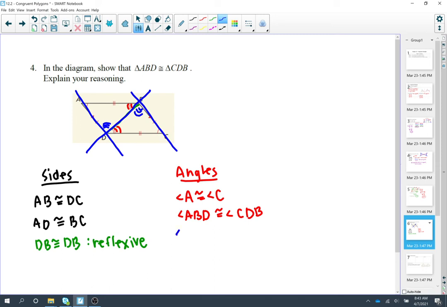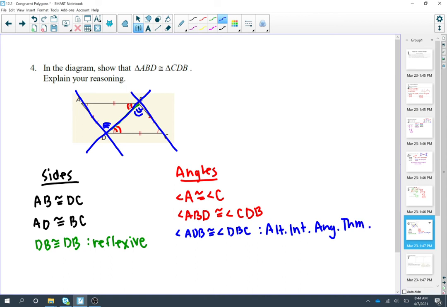So now we can say angle ADB is congruent to angle DBC, and the reason is because of the alternate interior angle theorem.